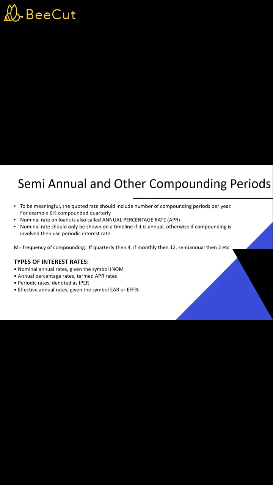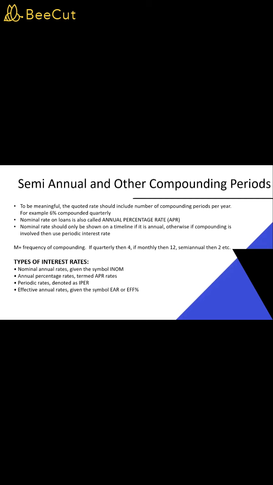For example, you could have an interest rate that is being compounded twice a year. So that would be semi-annual compounding. It could be that you have quarterly compounding, which means that the interest rate is being compounded 4 times a year. So M, in general the letter M, refers to the frequency of compounding.